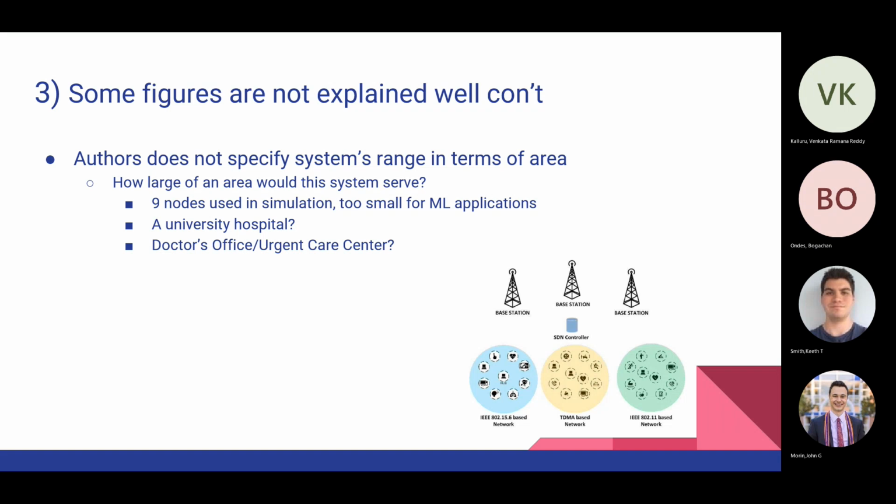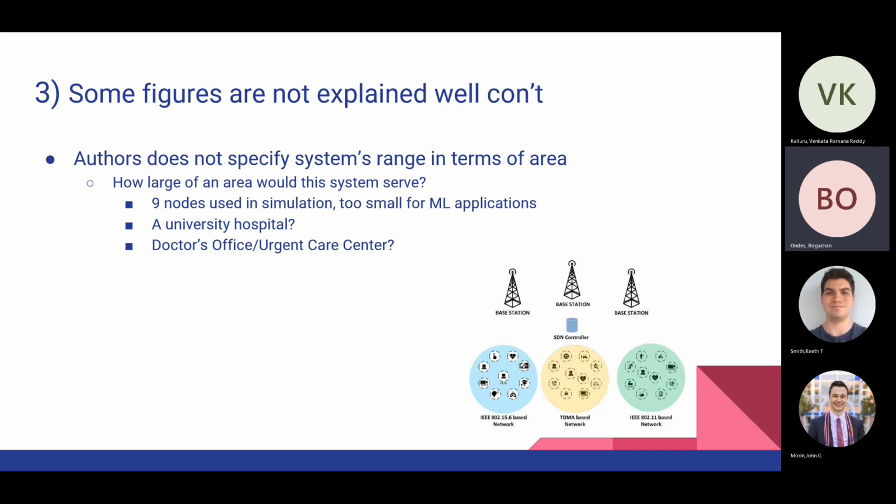Is it like a university hospital, like UF Shands, a big bunch of buildings surrounded and communicating with each other, or is it like an urgent care center where you just go in and there are a few other patients? That's not really clear in the paper.